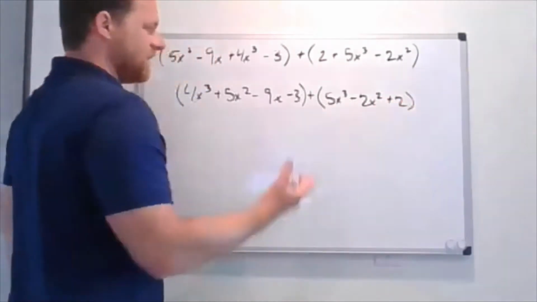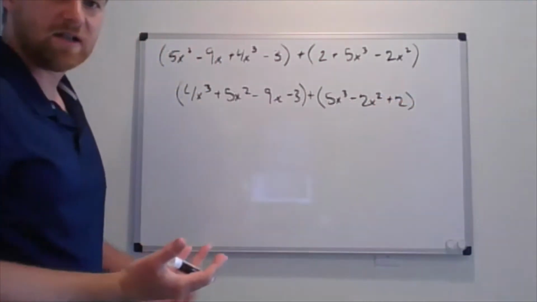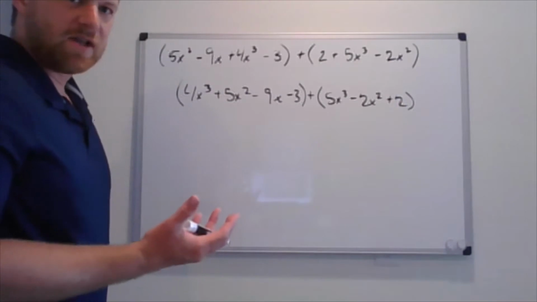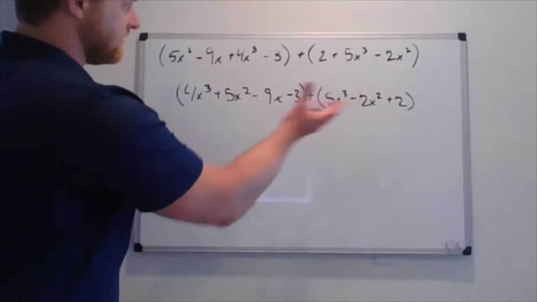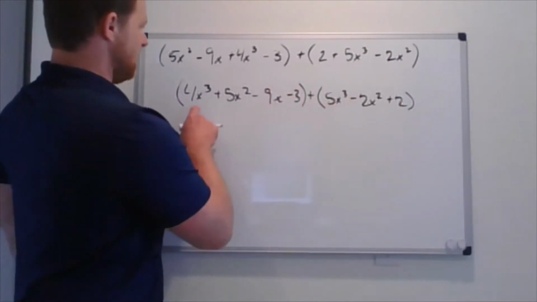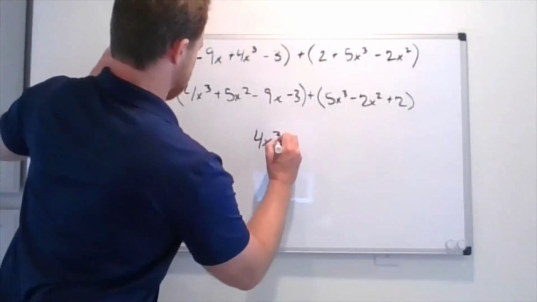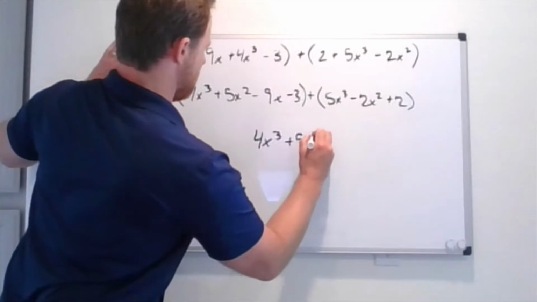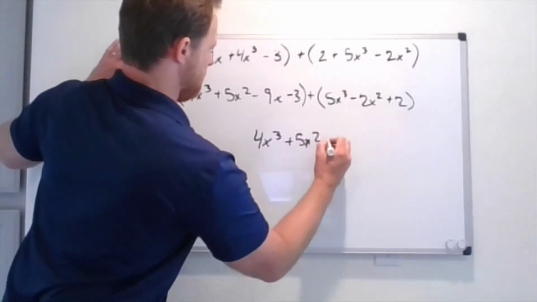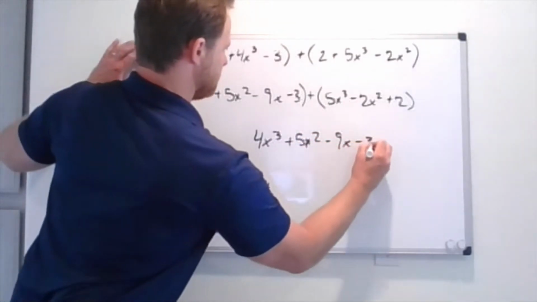Okay. So then I'm going to use the vertical method. Like I said from last clip, I feel like it's easier to visualize the like terms. So we'll start with this first one. 4x to the third plus 5x squared minus 9x minus 3.